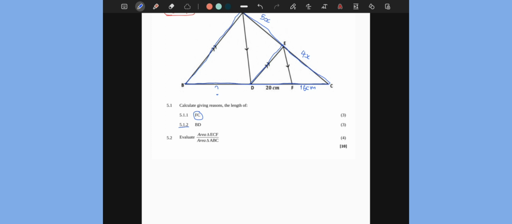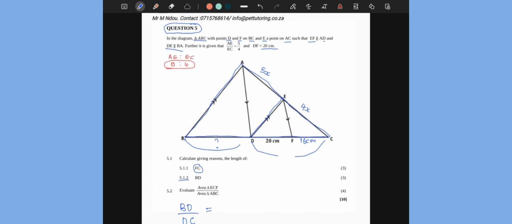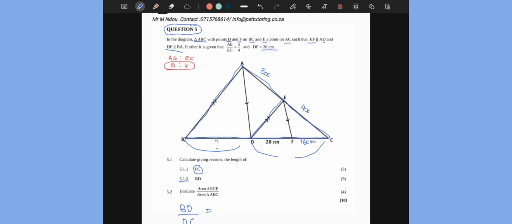Just because I'm looking for this BD, I'll start with the BD. It's the BD divided by the ratio, which is the DC, right? I'm going to divide it by this DC because it is given. From D to C, I'm given the sum of 20 plus 16. What I did this side, the other side, I'm going to apply the same as well.